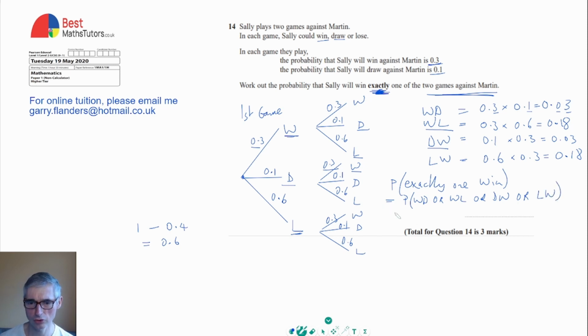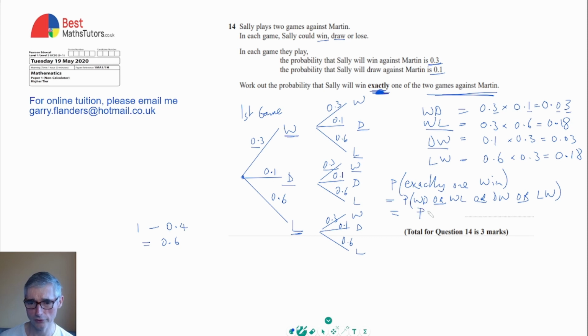And using probability rules, because these are what you call mutually exclusive events, which means that they can't happen at the same time. So if we've gone win draw, we can't have gone win lose. And if you don't get that, you don't have to worry about it too much. It's just a case of on a probability tree, when we've got or, then that turns into plus.